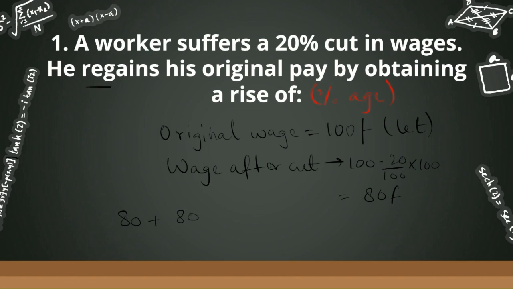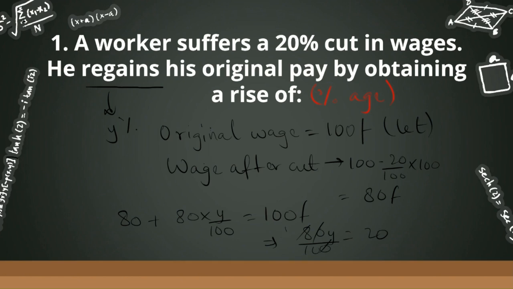So let us take this regain amount as y%. Okay, so this should be 80 into y by 100, which should equal 100. Okay, so on solving this, we should get 80y by 100, 100 minus 80, which should give us 20.